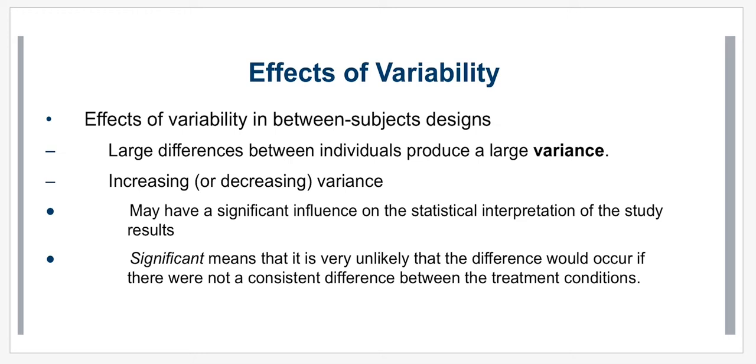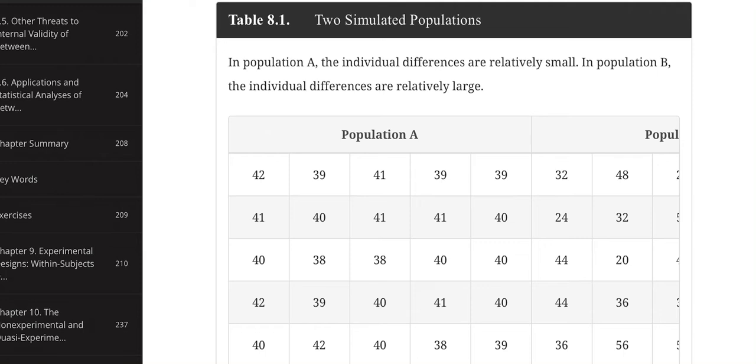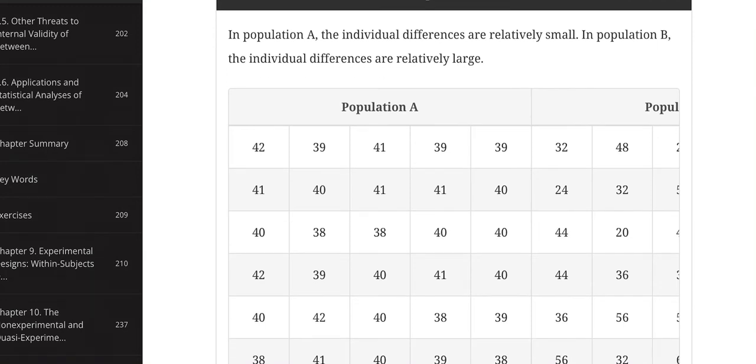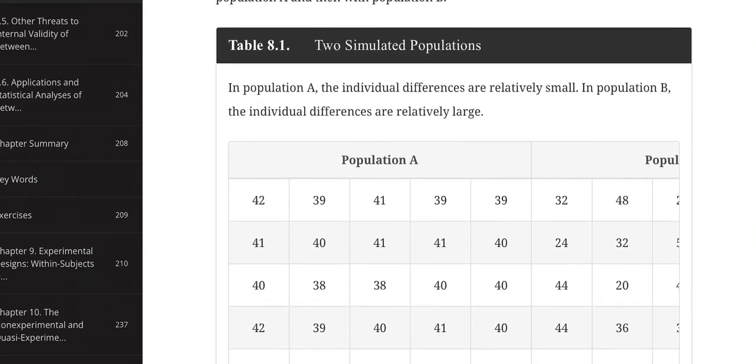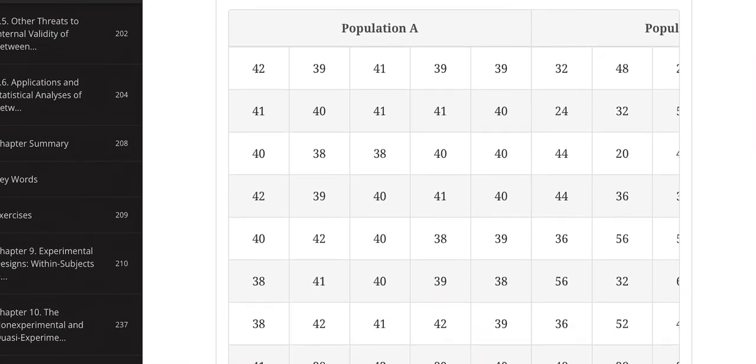To give you an example, Table 8.1 has two simulated populations. In population A, the differences between the scores are small, so it's a small variance. In population B, it's a large variance.